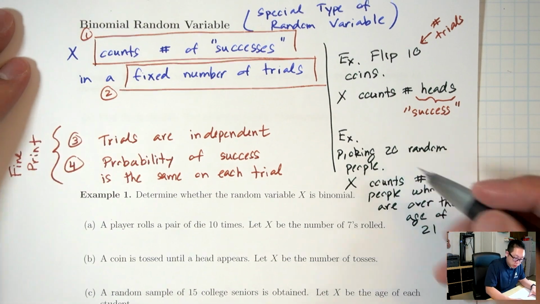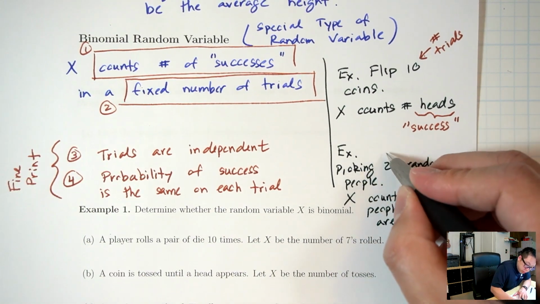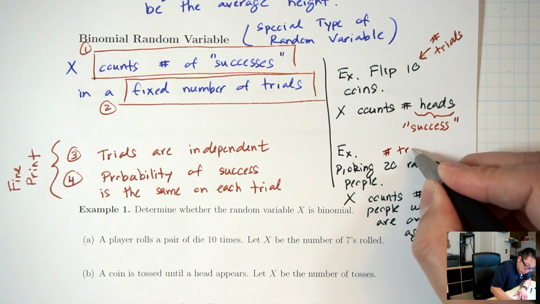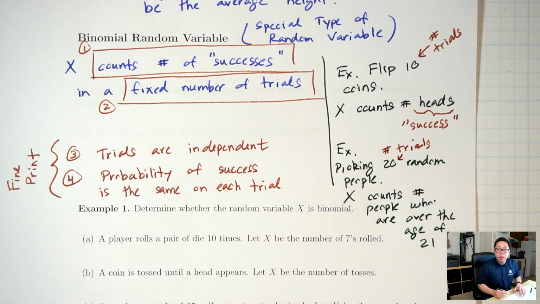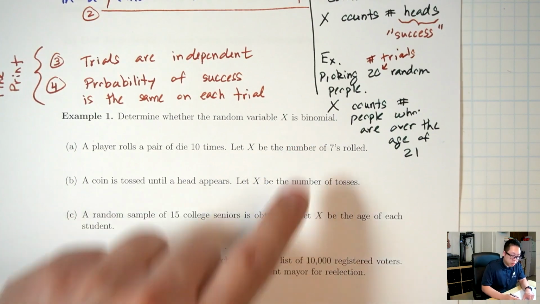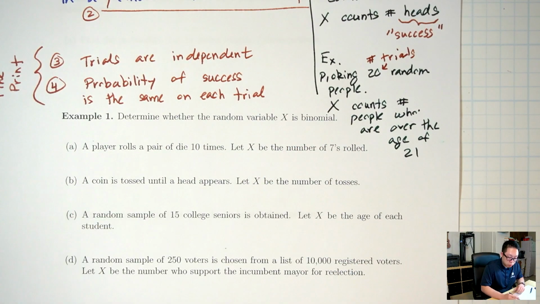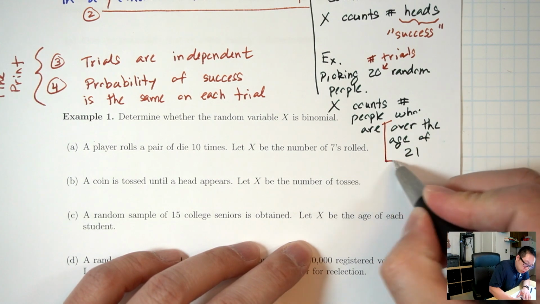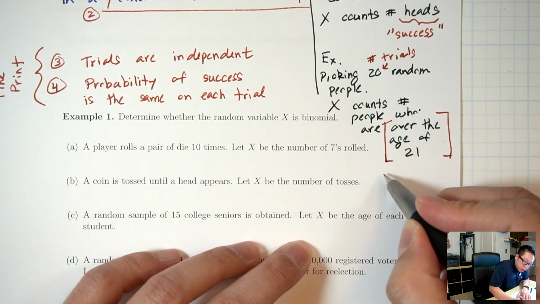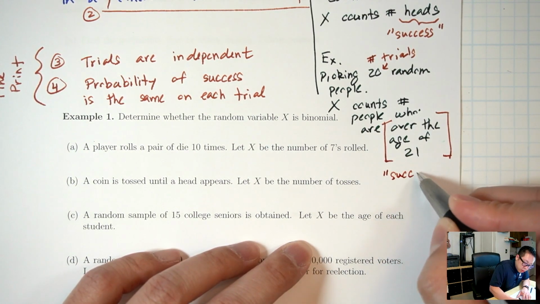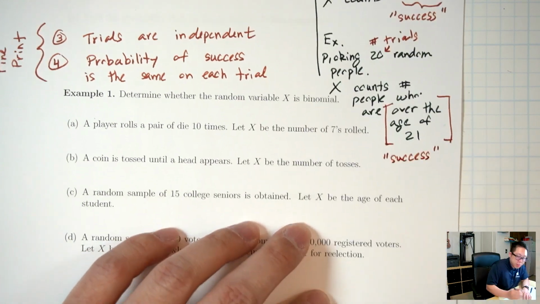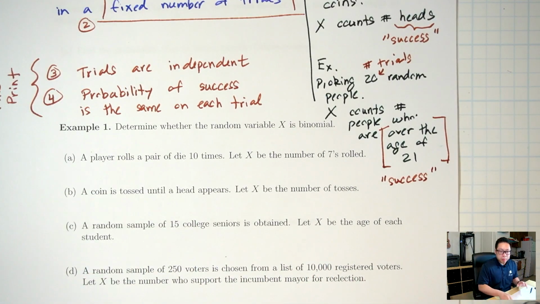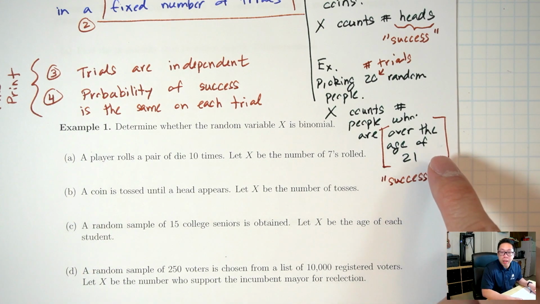So 20 is the number of trials, and over the age of 21 is our success here. Success means the characteristic that we're counting.